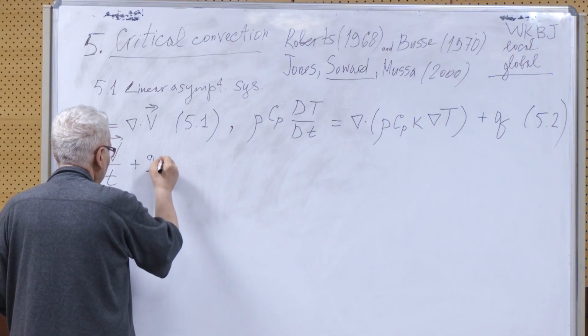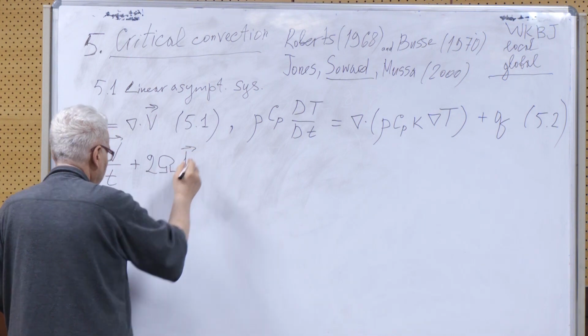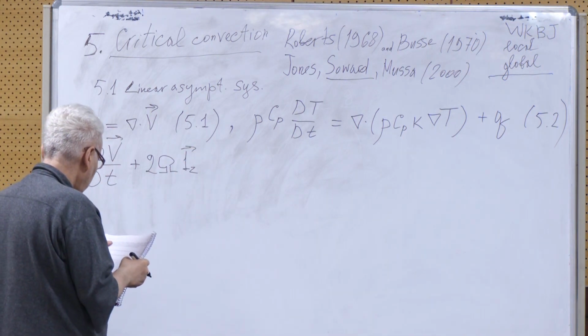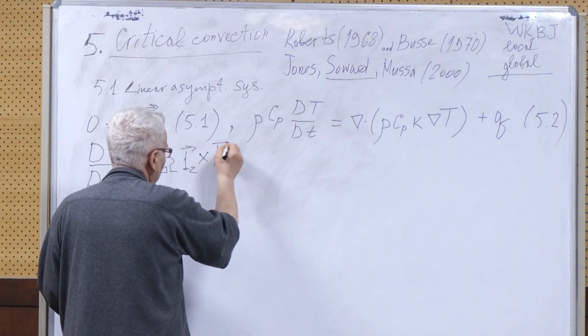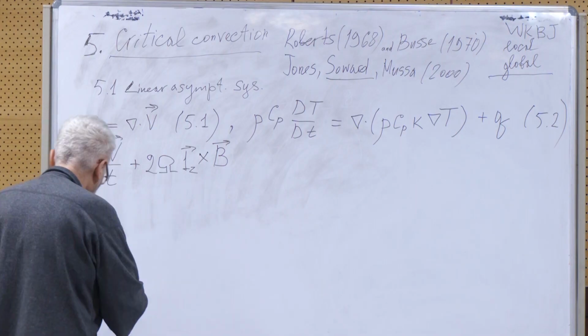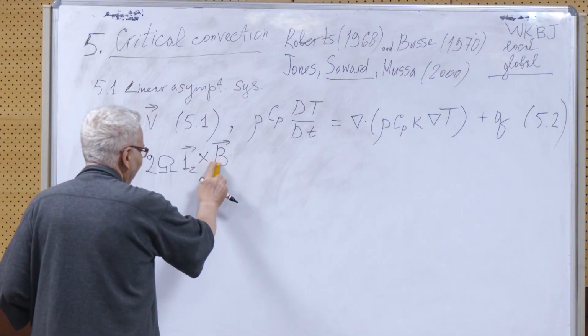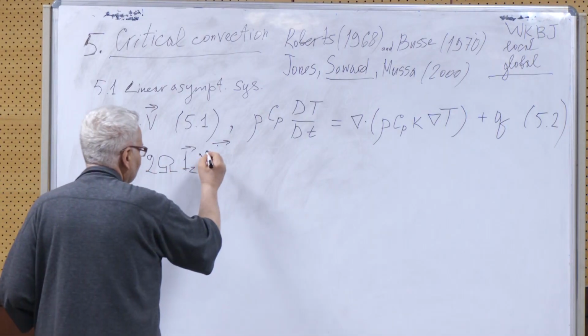There is a Coriolis term, of course. There is the unit vector in the direction of rotation, and it's multiplied by the cross product with the, oh sorry, I wrote the magnetic field. Sorry, of course, velocity.